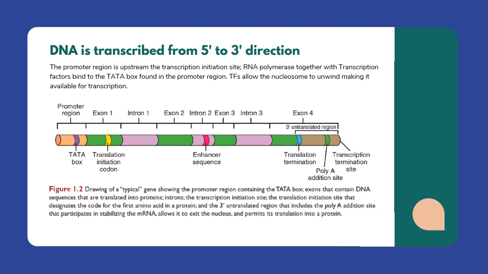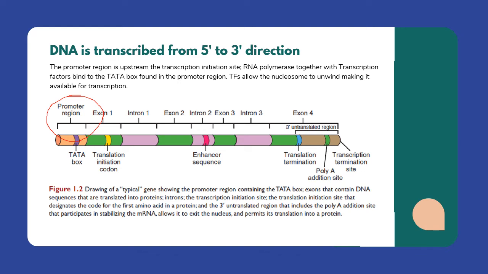The promoter region is found upstream of the transcription initiation site, here, and it binds the RNA polymerase for initiation of transcription.